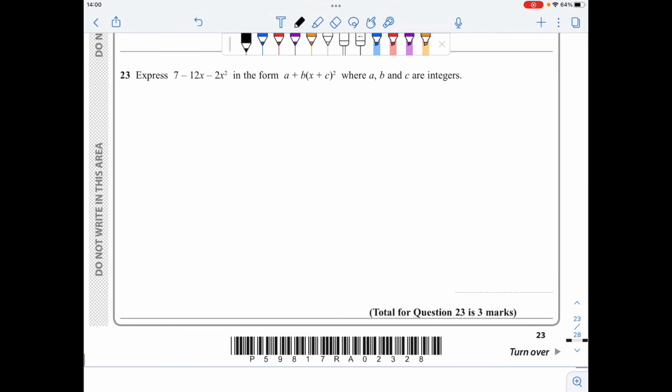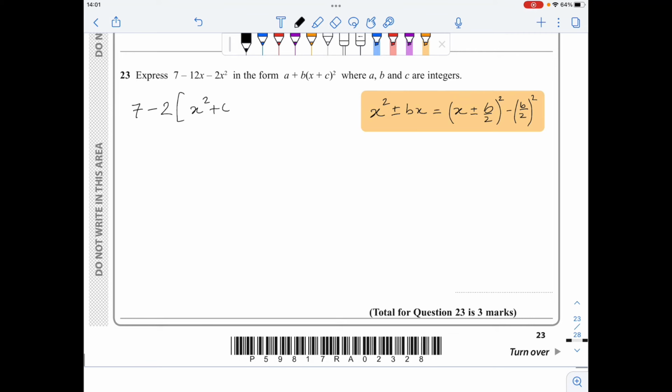For question 23, recall that the formula for completing the square is the following. Now, before I can complete the square with the given expression, I'll need to set it up. So I've got an x squared plus or minus an x. So 7 minus, I'll take out a common factor of 2. And then I have x squared plus 6x.